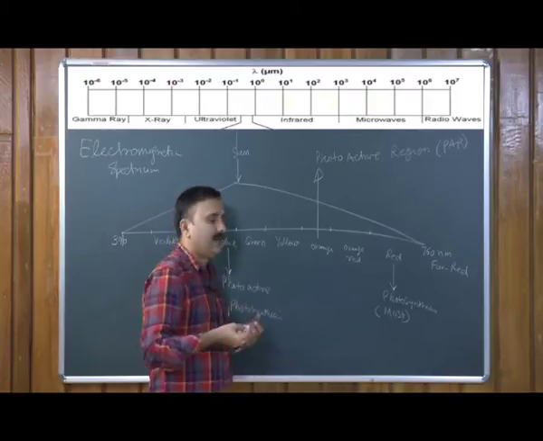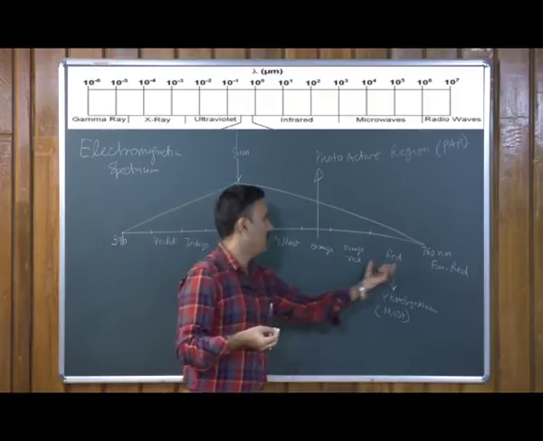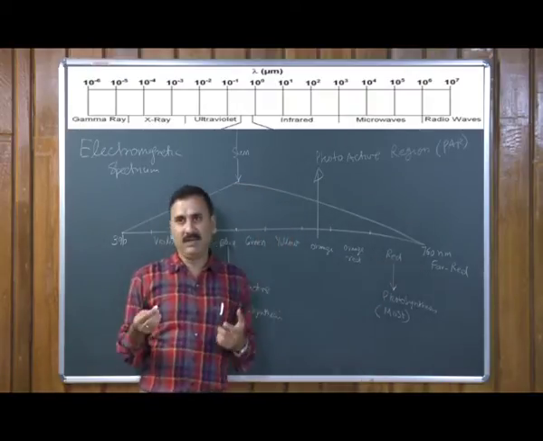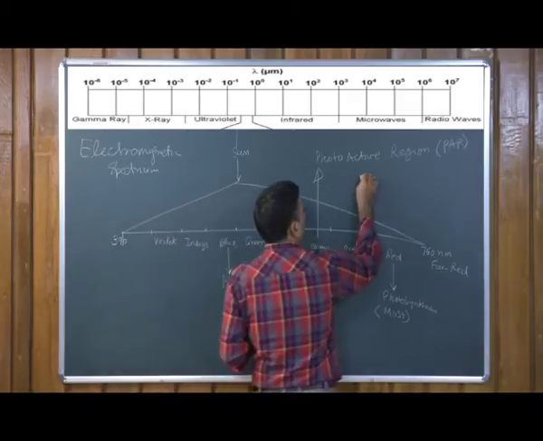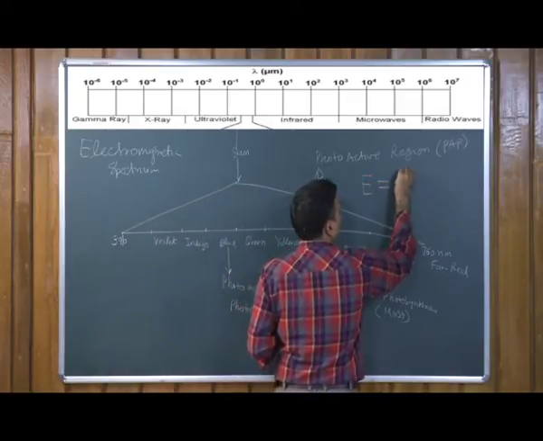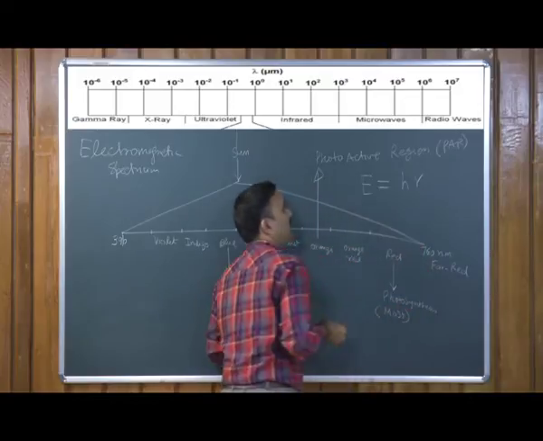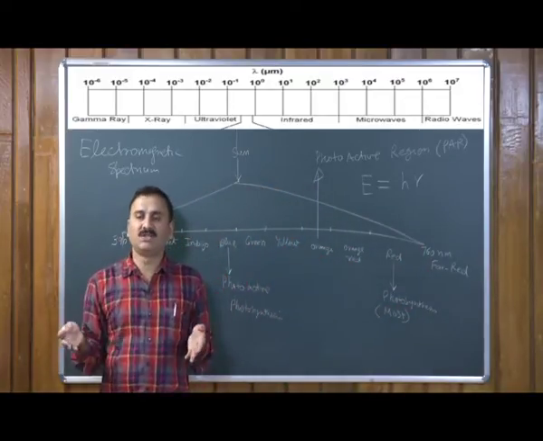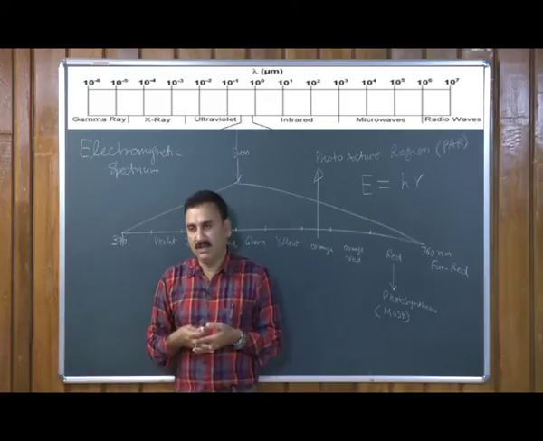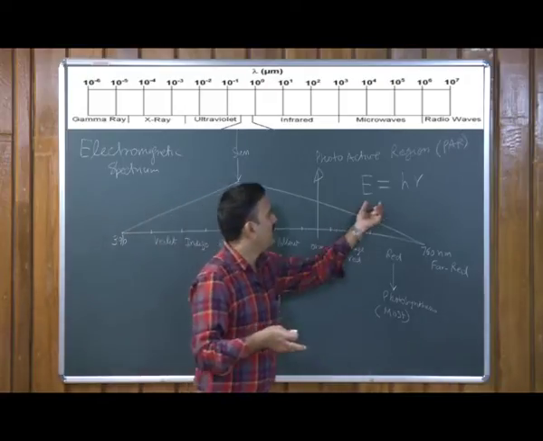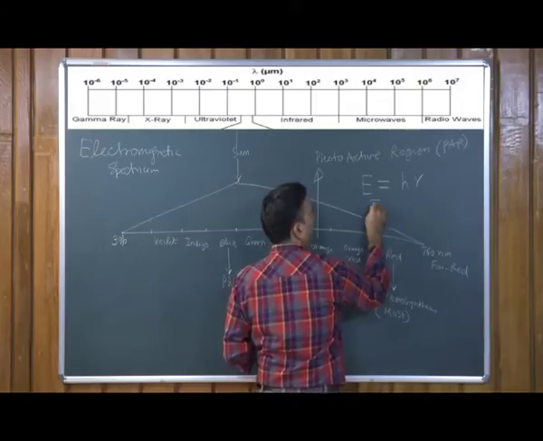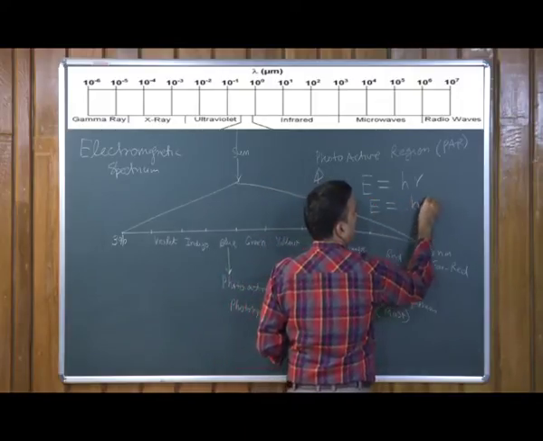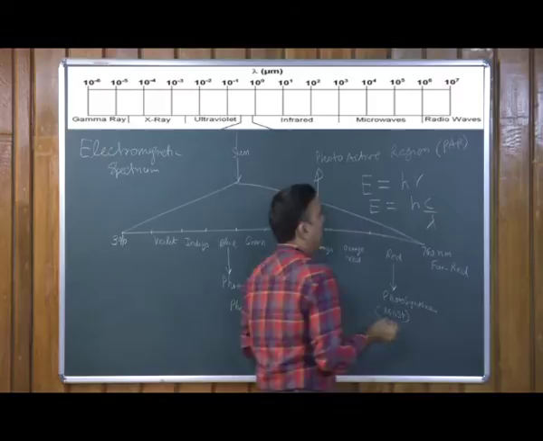Why does blue light have more energy and red light less energy? Because energy is expressed by the expression E equal to h nu, which is the discovery of Albert Einstein. And if I put in the value of wavelength, it can be expressed like this.